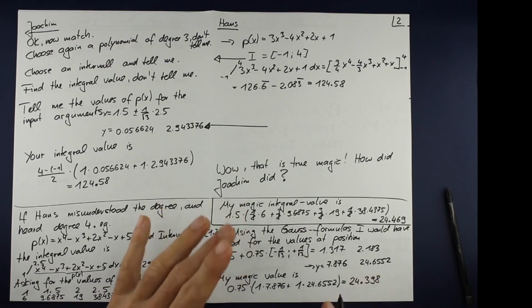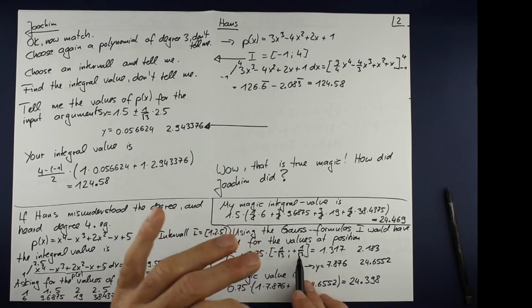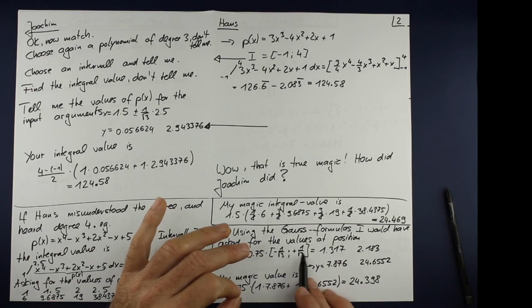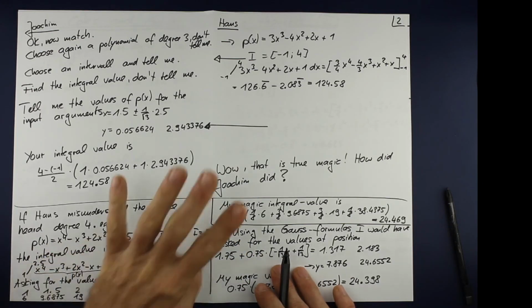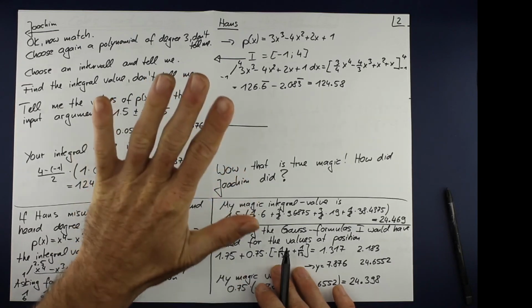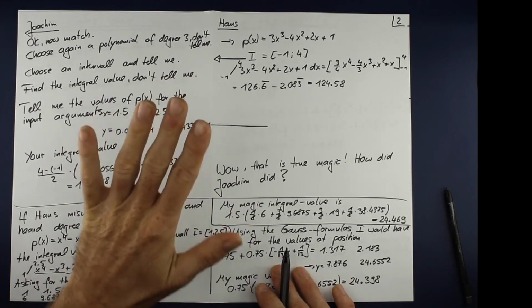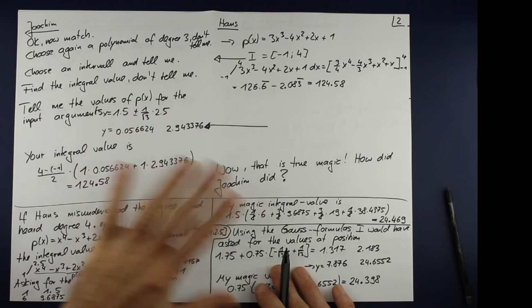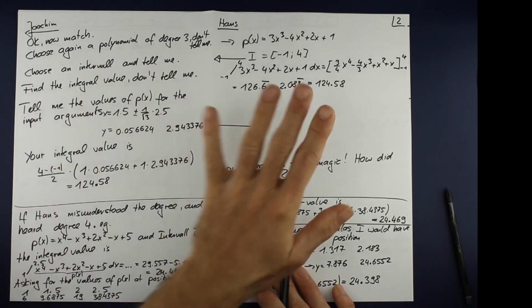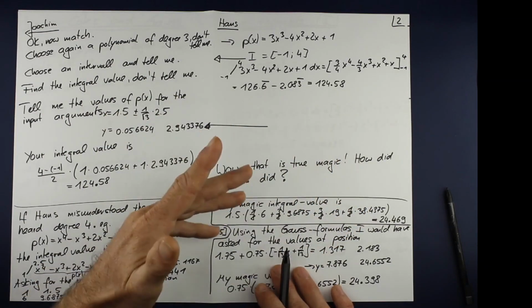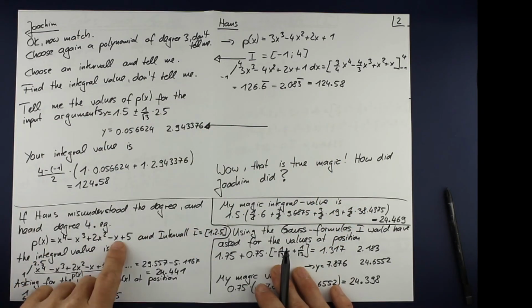Hans says, okay, it's impossible to reconstruct my function out of this information. For a polynomial of degree 4, you need 5 pieces of information. You need the y values for 5 positions, whichever positions. If I have 5 positions and the corresponding y values, then you are able to reproduce the polynomial.